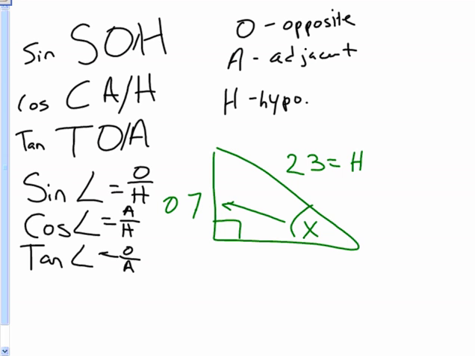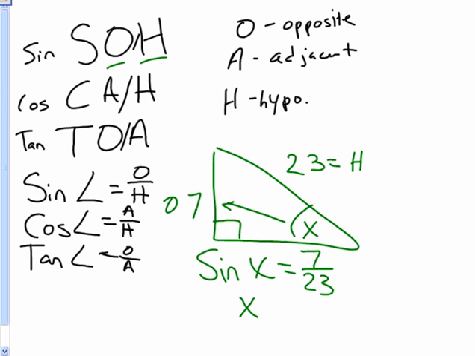Which one has O and H in it? SOHCAHTOA. So I know it's sine of the angle, the sine of x, is equal to the opposite divided by the hypotenuse. The opposite is 7. The hypotenuse is 23. So what am I going to do to figure out what x is?